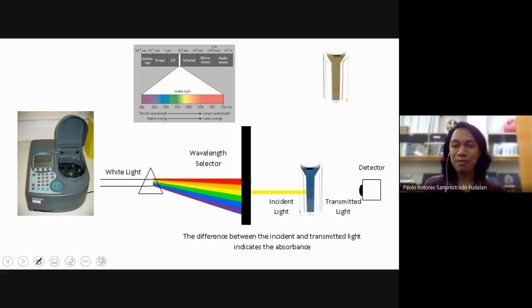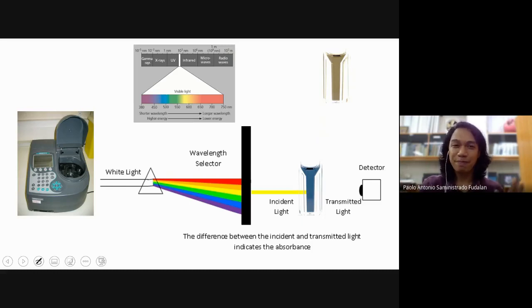Meaning the detector doesn't detect any light, meaning 100% absorbed. This translates to a very high absorbance value. So your spectrophotometer will give you a number, 1 point something absorbance. So that's why this is a very high absorbance value.